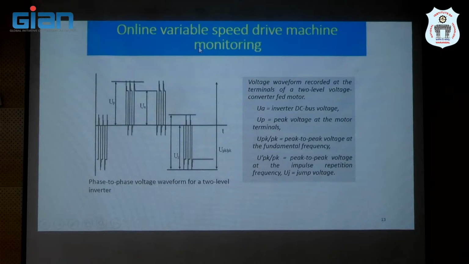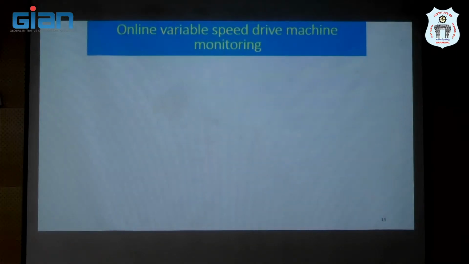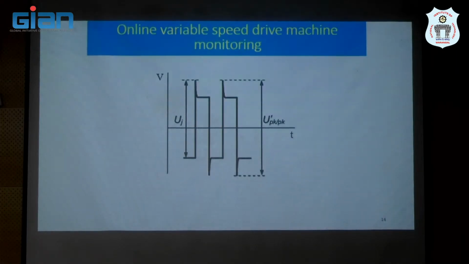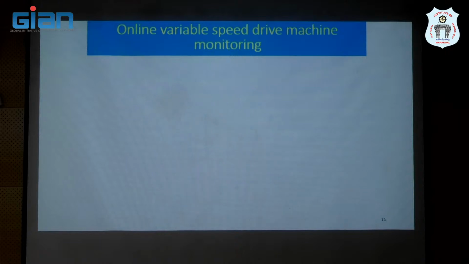UP is the peak voltage at the motor terminal, and UPK-PK is the peak-to-peak voltage at fundamental frequency. This is the phase-to-ground voltage waveform of a 2-level voltage converter fed motor.